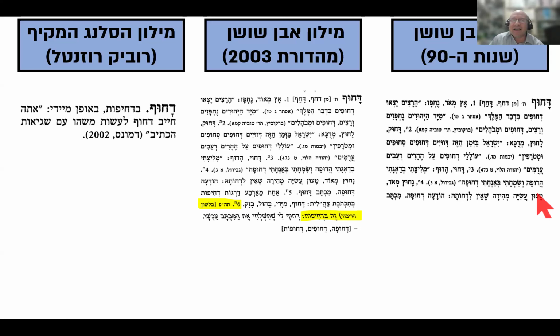Now, in the Milona slang of Rubik Rosenthal, we have another usage, which I think we're all used to just from common parlance, and that's as an adverb, just meaning bidchifut, meaning it's not replacing hadavar hazeh dachuf li, but it's just stuck in the middle of a sentence next to a verb to directly modify the verb.